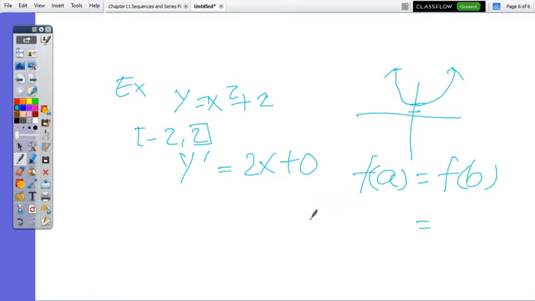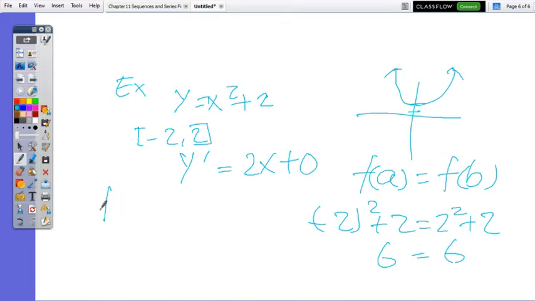For f of a, we have negative 2 quantity squared plus 2, which is 4 plus 2, that'll be 6. And for 2 squared plus 2, it's also the same thing, because it's an even function, so it's symmetrical with respect to the y-axis. So we can apply Rolle's theorem for this.